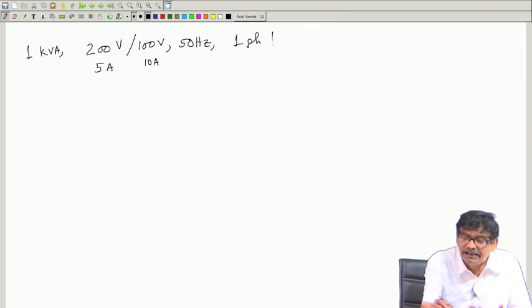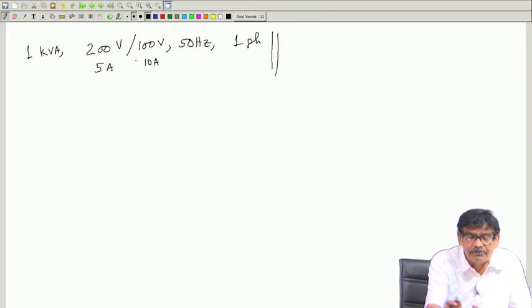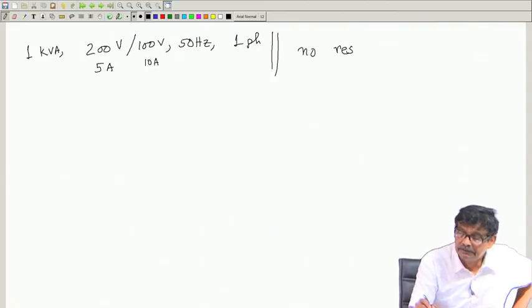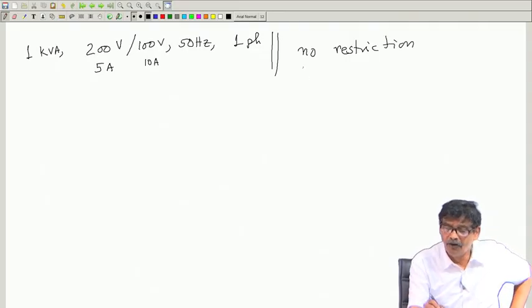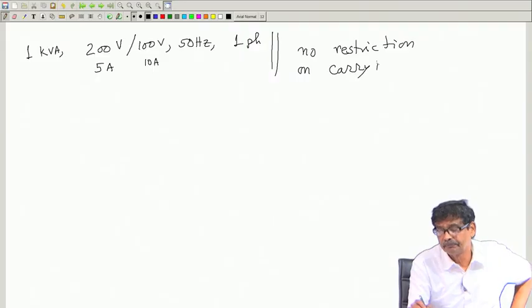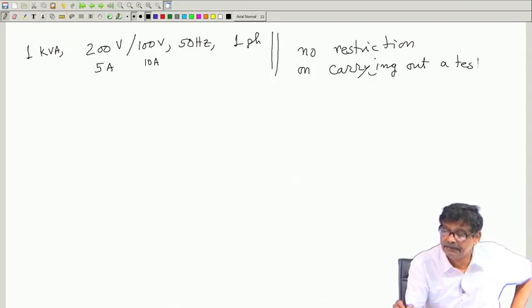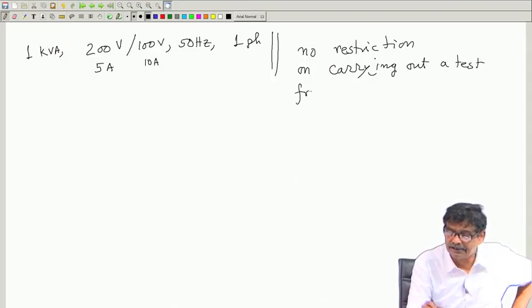So, for this kind of transformer of this kind of rating, there is no restriction on carrying out a test from a particular side.